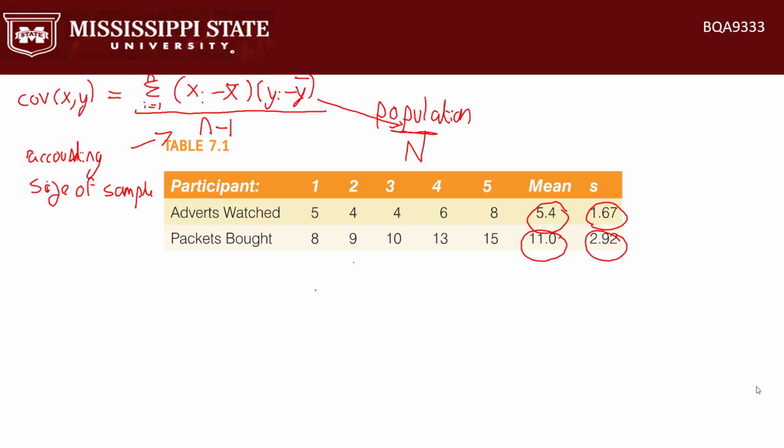Okay, so here we are. Let's do the covariance and just calculate it. Each is x minus the mean of x.